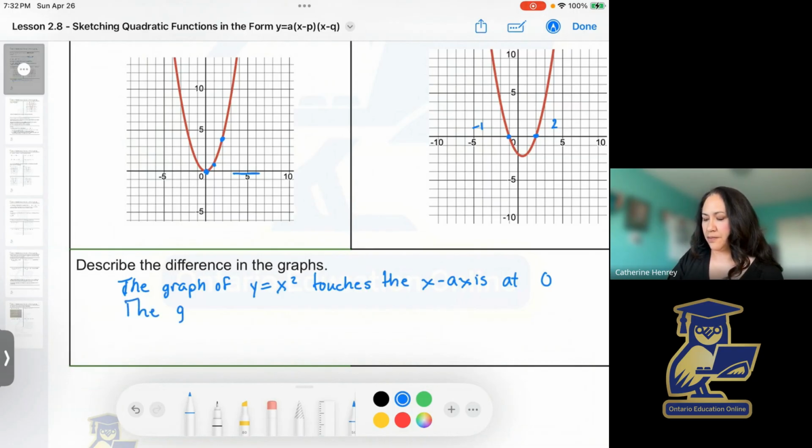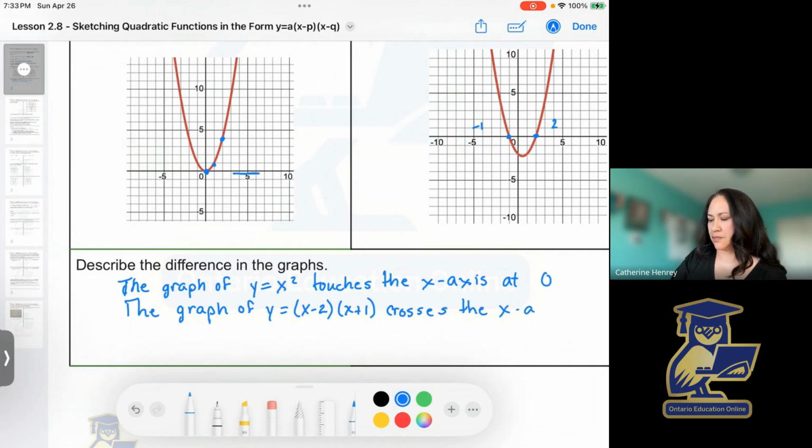The graph of y equals x minus 2 times x plus 1 crosses the x-axis at -1, 0 and 2, 0.